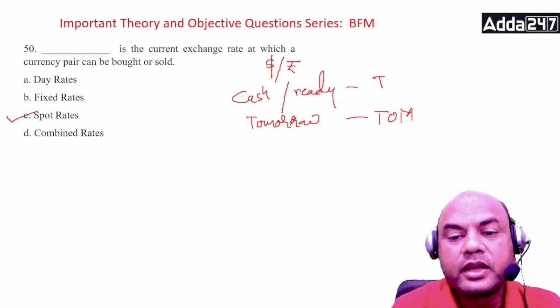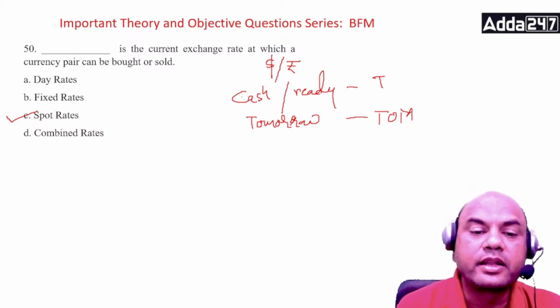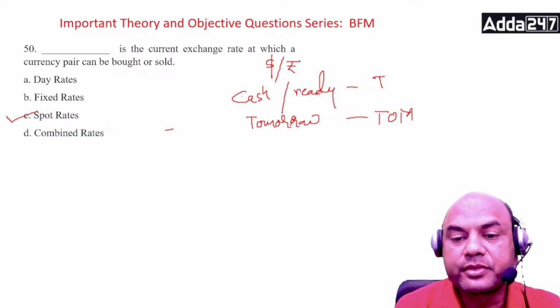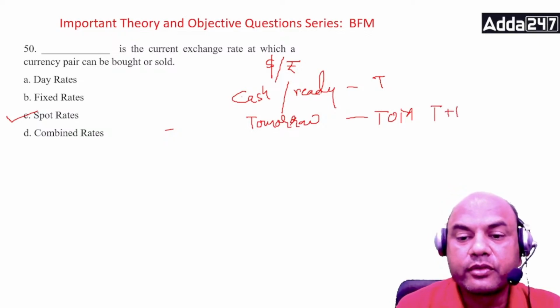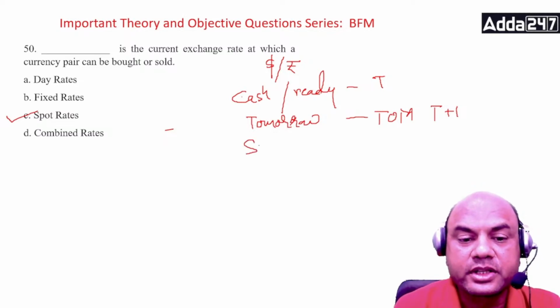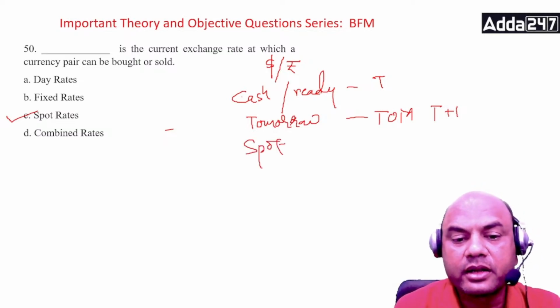Tom means next working day, remember, it is T plus 1 working day. Suppose I am doing it on T plus 2, then it's called spot.